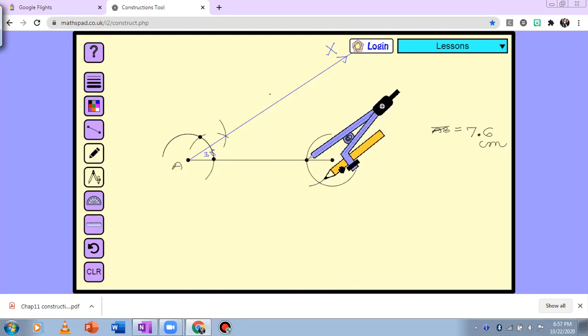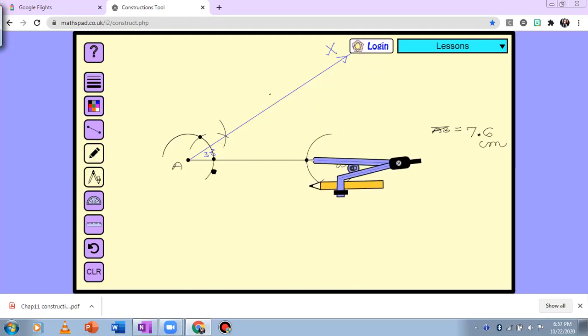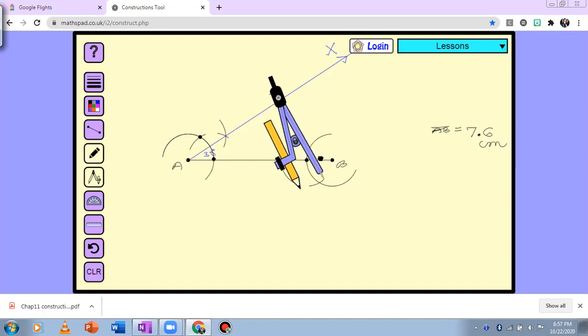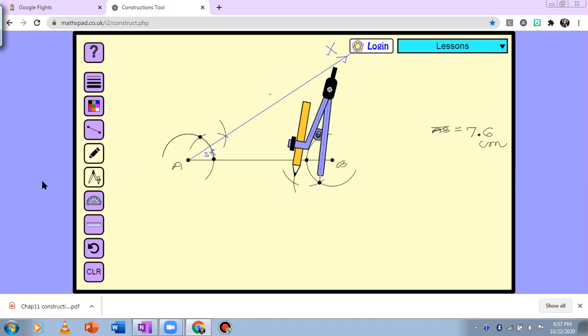And then bisect the angle of 60 degrees in order to obtain an angle of 30 degrees at vertex C. Sorry, vertex B. And remember to keep the radius same so that you have the measure equal at both the endpoints.